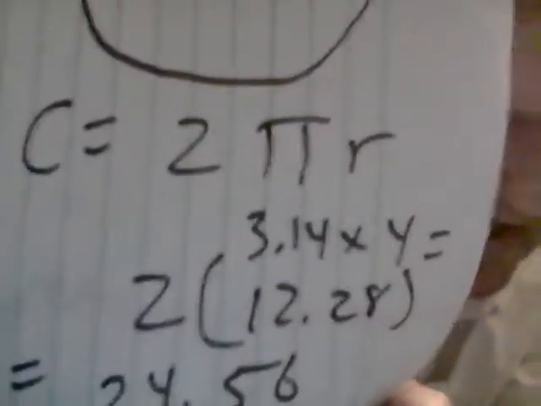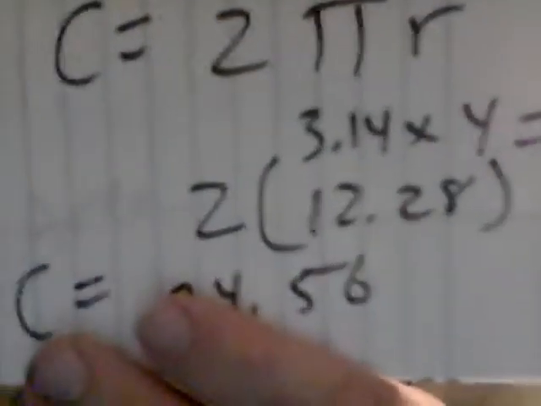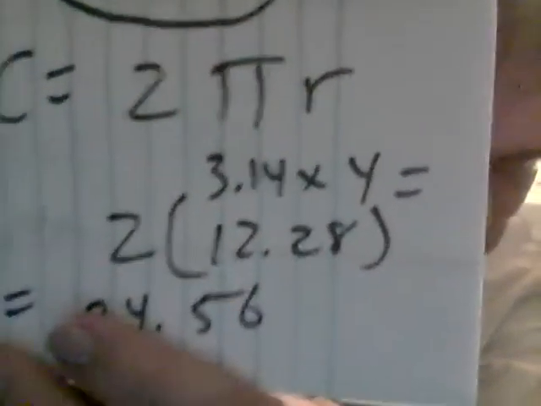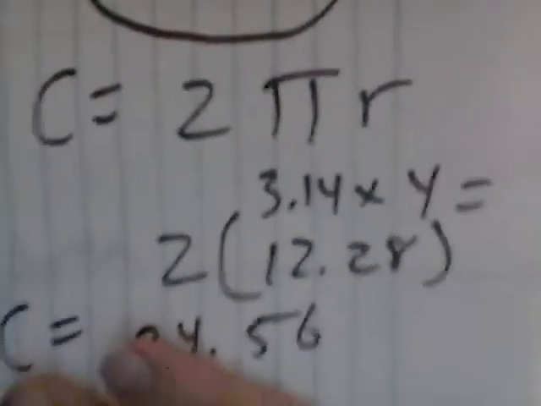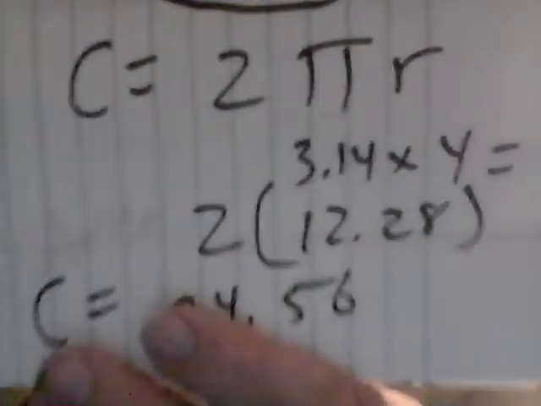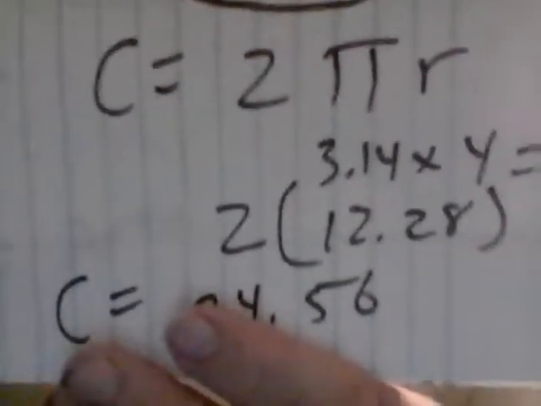That's your area. Then you got your circumference, right? The circumference is found right here. Circumference is equal to 2 pi r. In the case of this one, we got a radius of 4. So you got 4 times 3.14, which is 12.56.